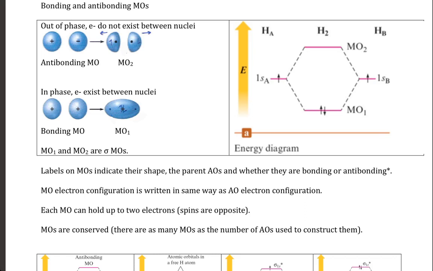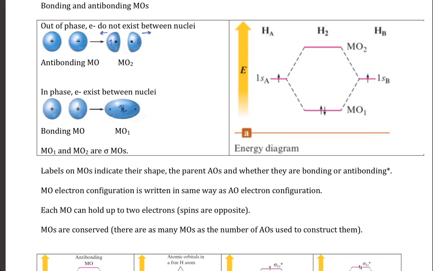When they both crest at the same point, we get constructive interference, we get a bonding MO, a space about those nuclei where electrons can be found that favors bond formation.